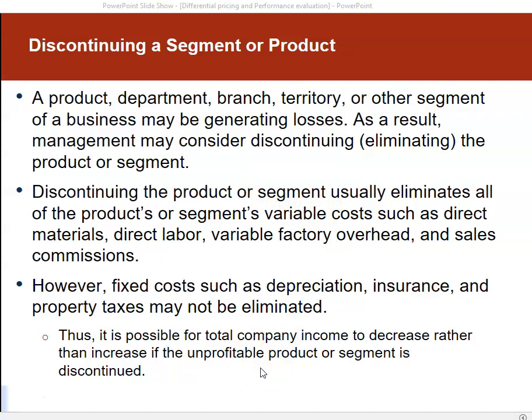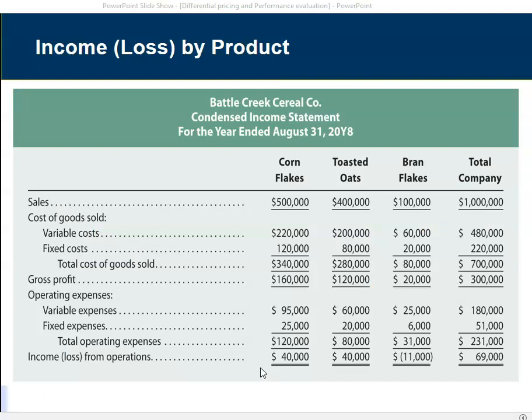So if we look at a business that has, say, 4 operating segments, and let's just say 3 of them are profitable and 1 of them is losing money, we can actually decrease our profits potentially by eliminating the unprofitable section. So let's look at an example of how that is possible.